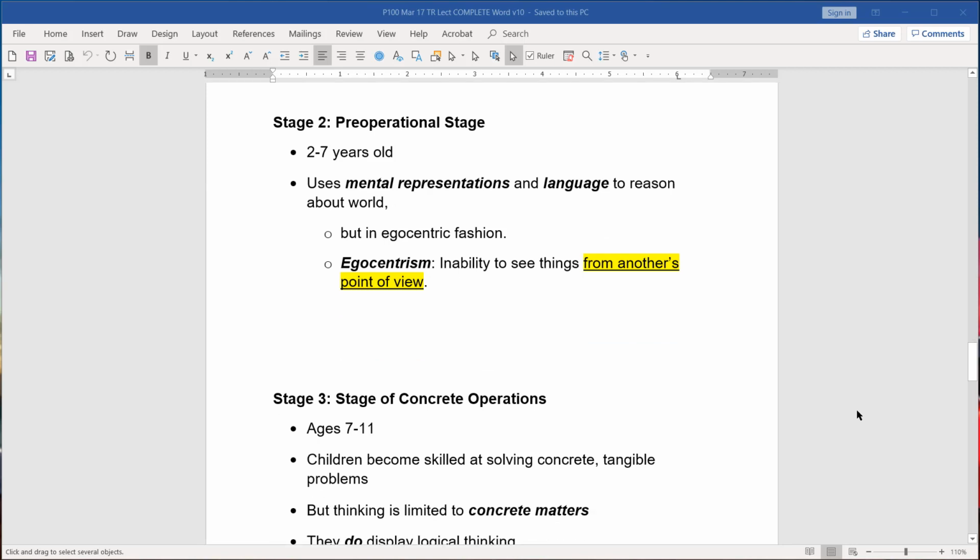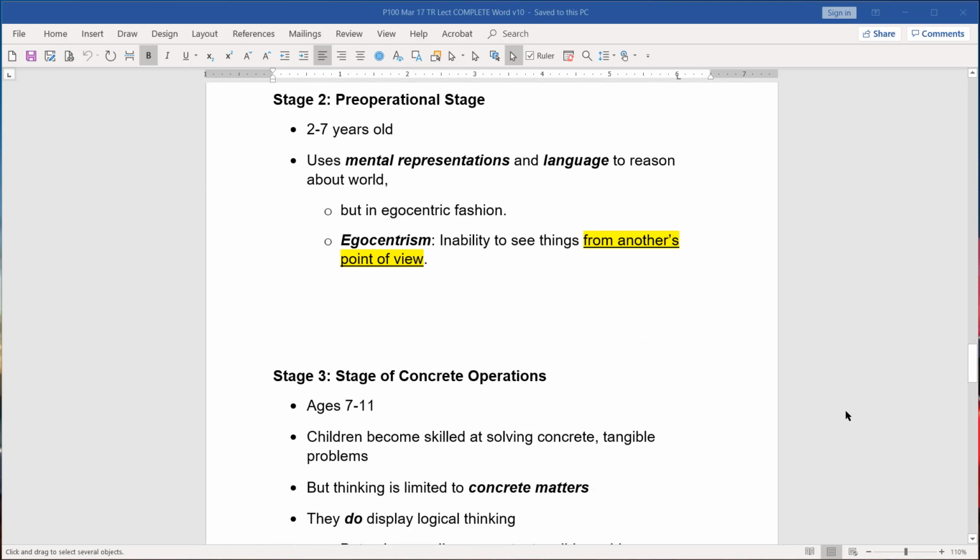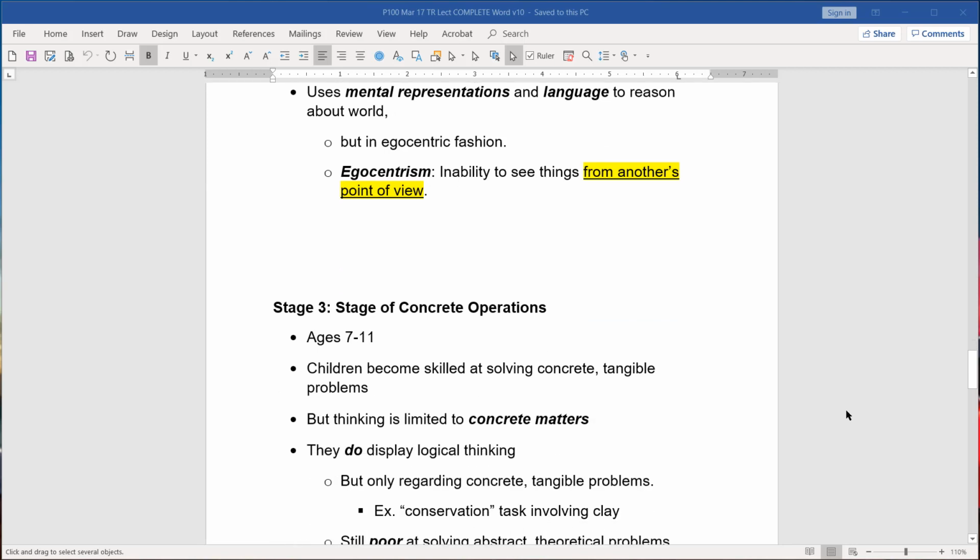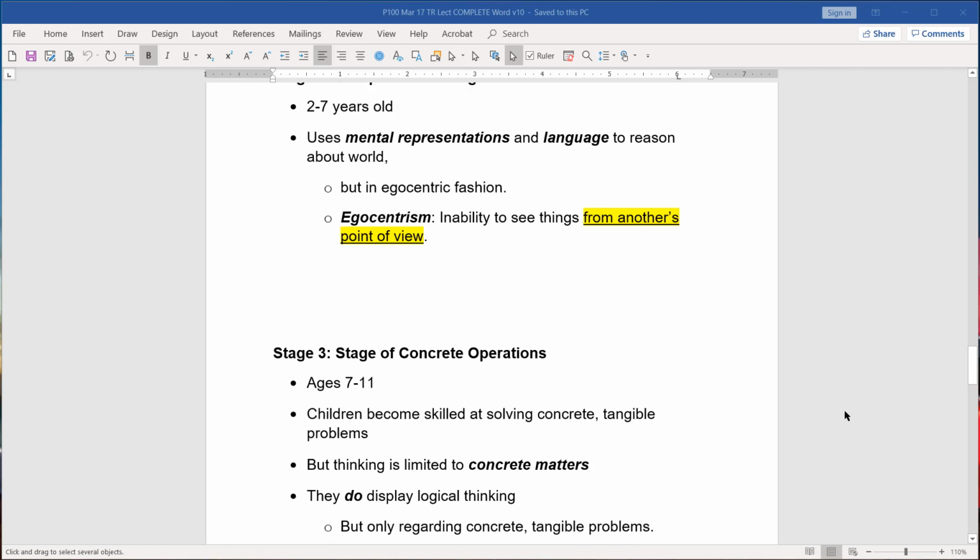We move up a stage. Child becomes more sophisticated. We're in stage 3 now, the stage of concrete operations, approximately ages 7 through 11. Think of a child in late grade school, early middle school. That's the ages around which they are in the stage of concrete operations.